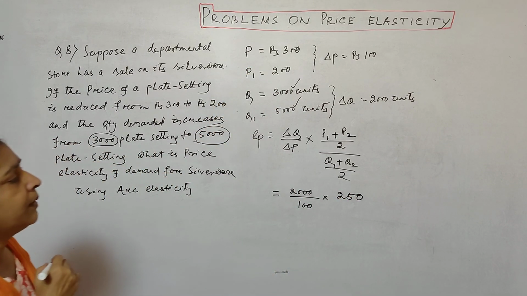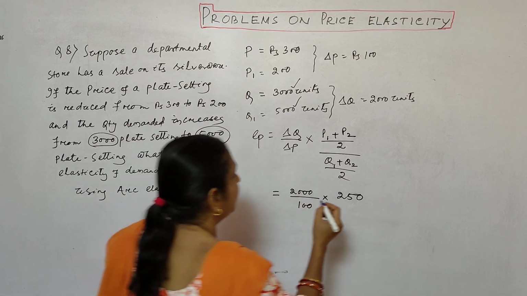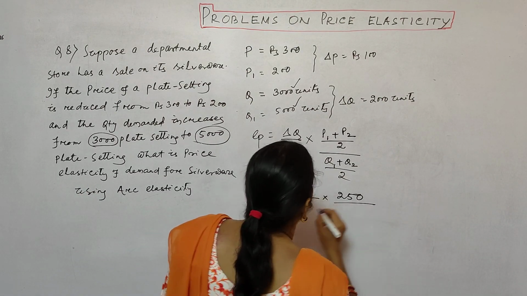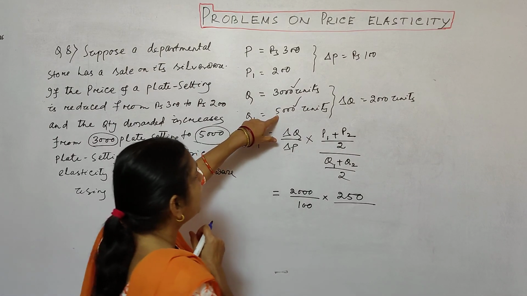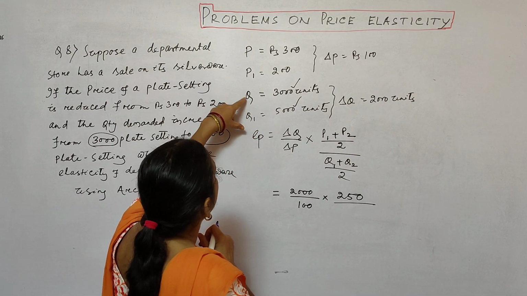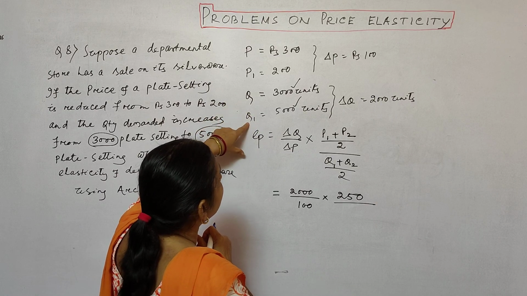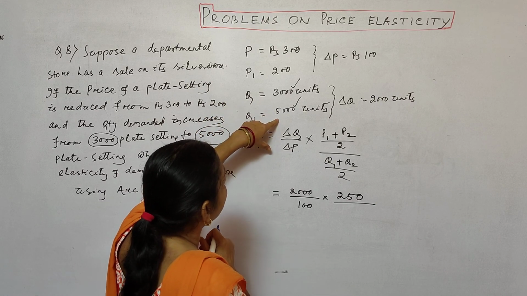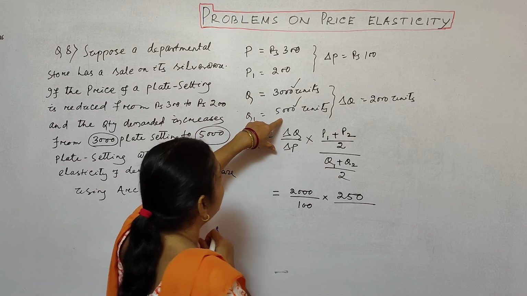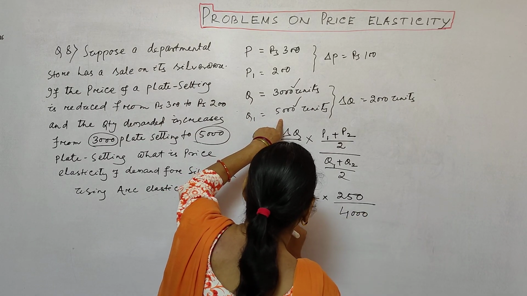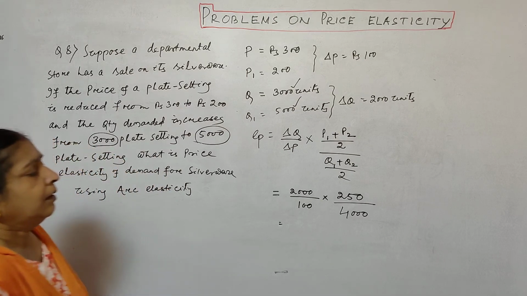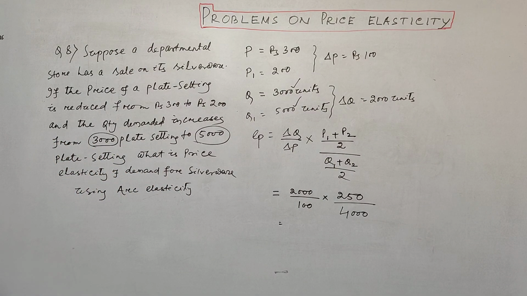This is P1 plus P2 by 2. Divided by Q1 plus Q2 by 2. Q1 is 3000, Q2 is 5000, this is initial, this is final. So 3000 plus 5000 is 8000, divided by 2, it is 4000.